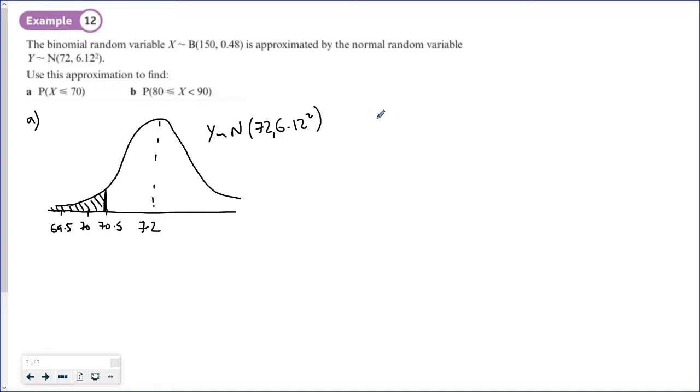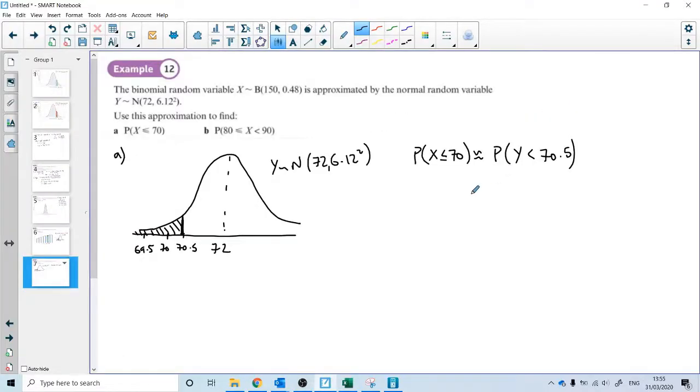So that's going to be approximately equal to, so let's write this down, probability of x being less than or equal to 70 is approximately equal to the probability of y being less than 70.5. So we can work out what that probability is using our calculators.